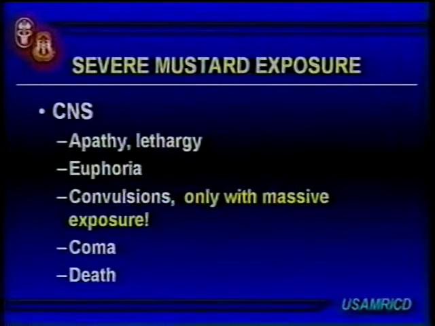Why is not understood, but it does happen sometimes. With a massive, major mustard exposure, they can go straight to convulsions and die, okay? But this is not the progression like in nerve agent, and this is with a very large exposure, okay? And it's the minority, but it has been seen.